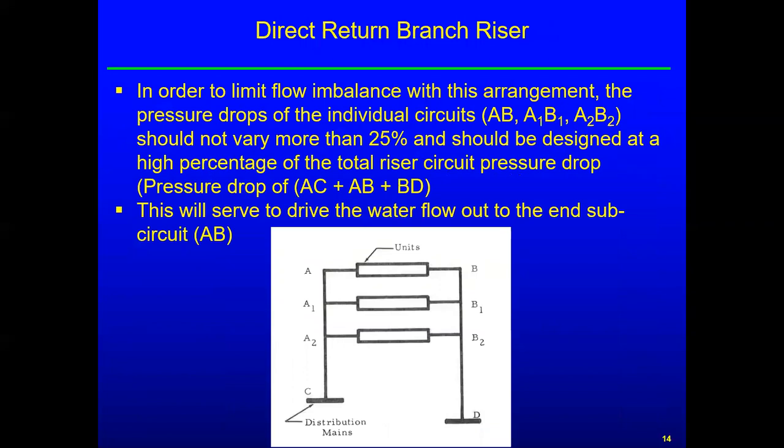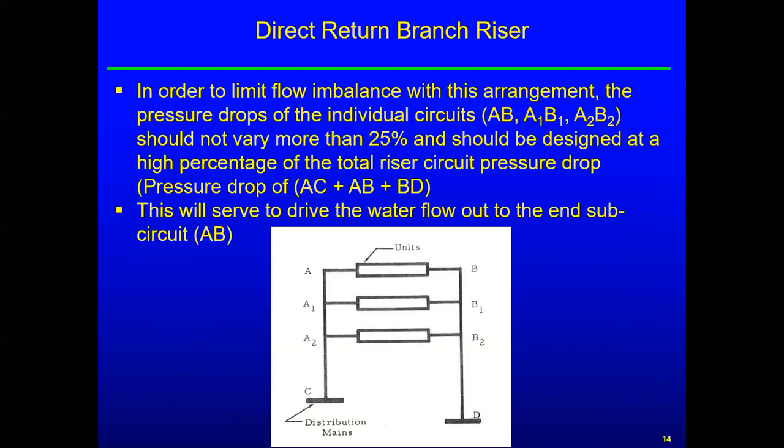Now, let's look at some of the design parameters here. In order to limit flow imbalance with this arrangement, the pressure drops on the individual circuits should be considered. On the top one, it's the circuit from A to B. On the middle one, it's A1 to B1, and the bottom one is A2 to B2.